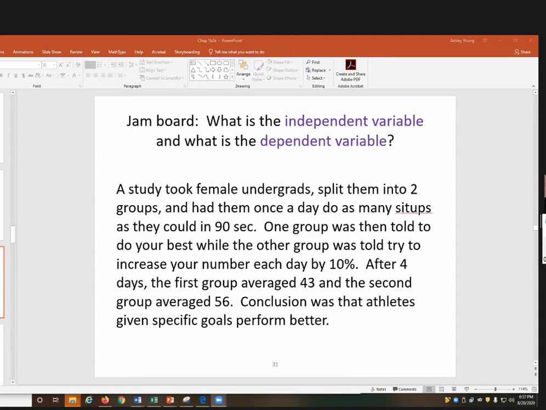So what two things am I asking about them that are going to be different for each person, or maybe different for each person? Great, that's one of them. How many steps they could do in 90 seconds? Perfect, that's one. What's the other thing that I want to know about each of them that may not be the same as everybody else, that may differ from person to person?